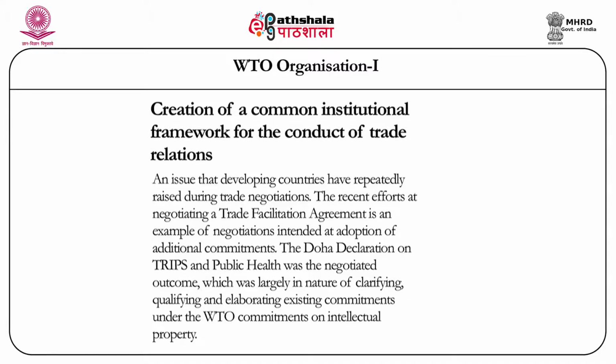The Doha Declaration on TRIPS and Public Health was a negotiated outcome which was largely of the nature of clarifying and elaborating existing commitments under the WTO commitments on intellectual property.